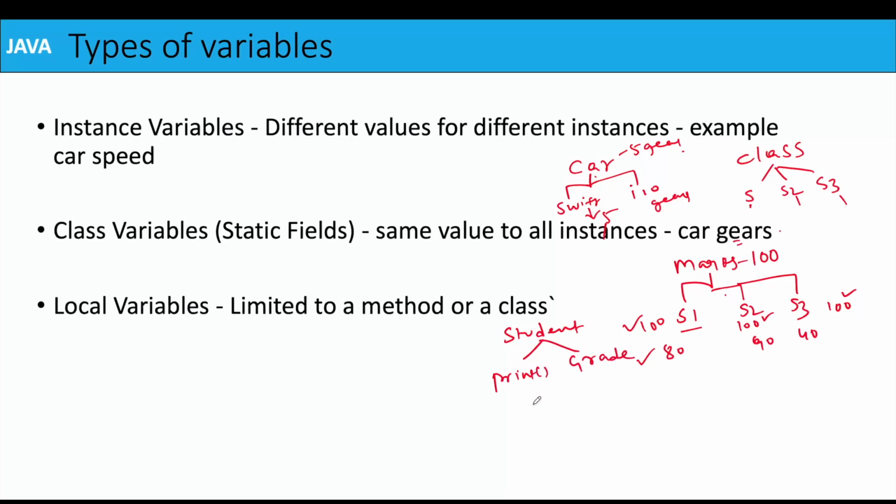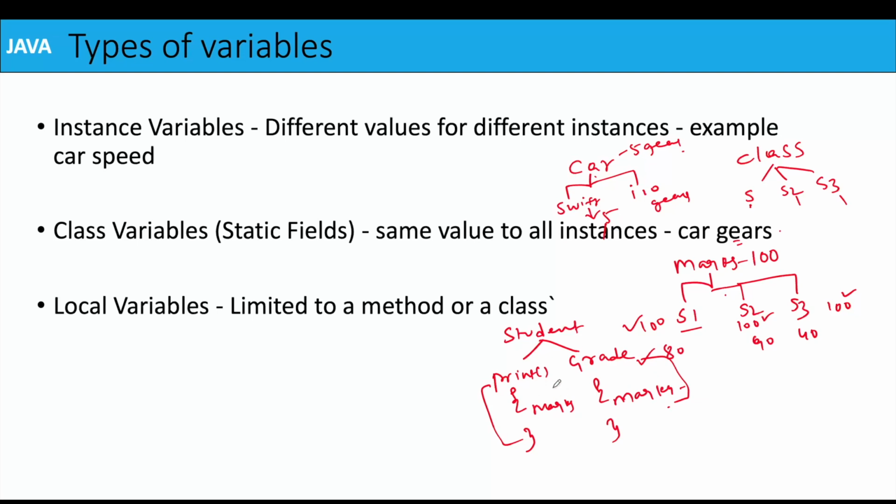I have defined marks here, and in the grade method I also have another variable with the name marks. What is the scope of this variable? Only this particular function. So this is a local variable for this print function, and this marks is a local variable for that function. This is what is known as a local variable.